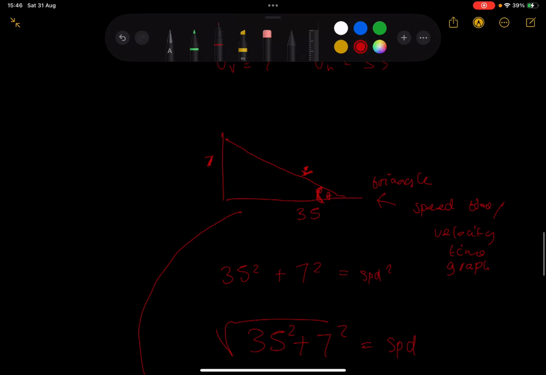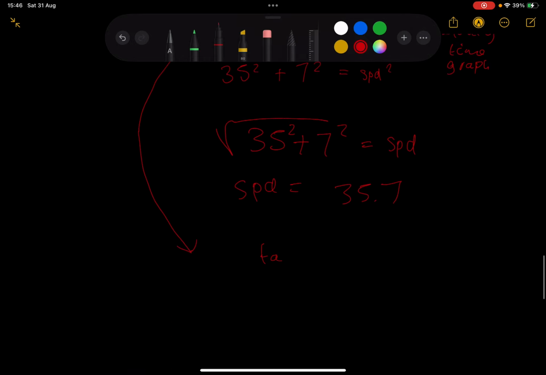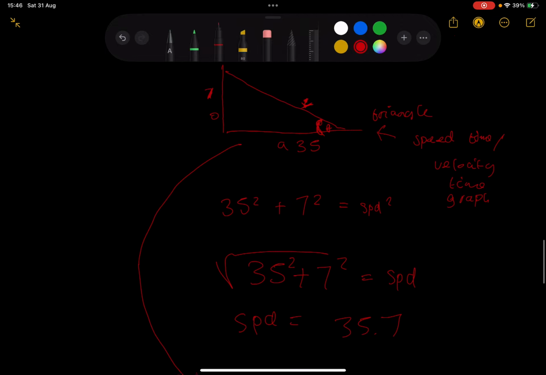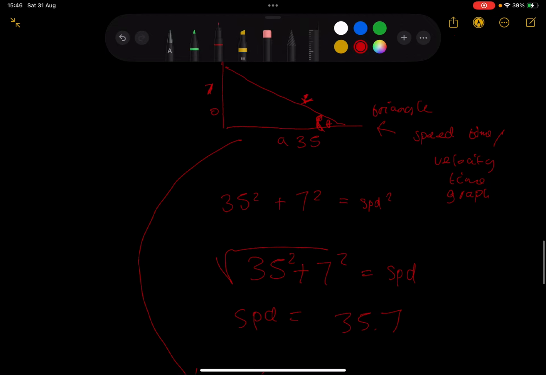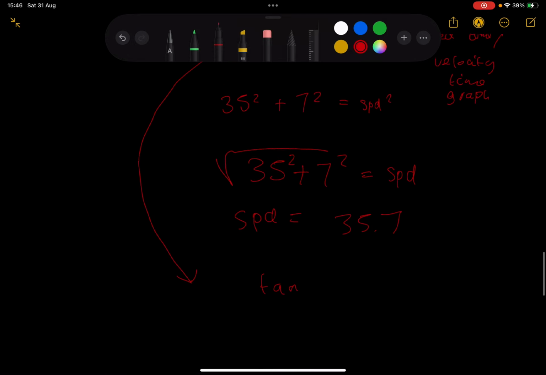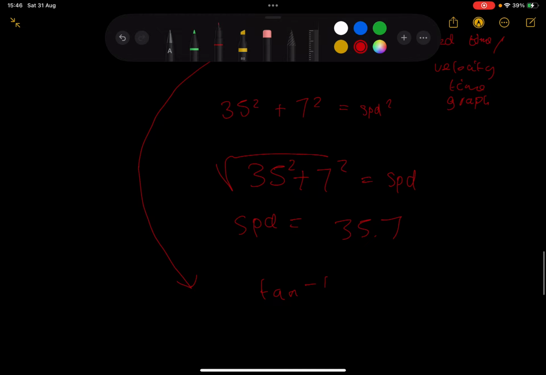This is opposite over adjacent, so we can do tan minus 1 of 7 over the horizontal component.